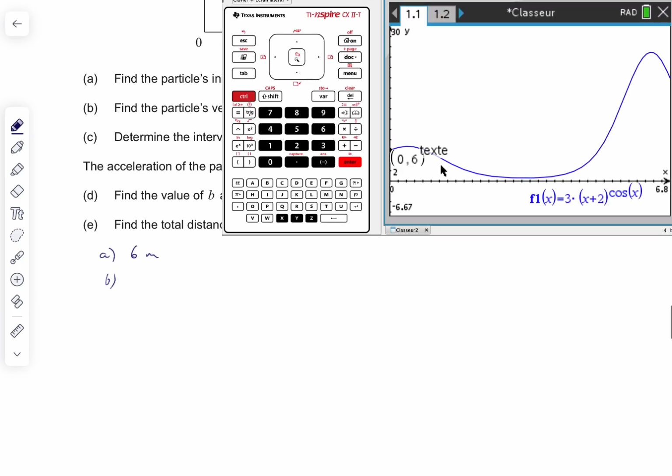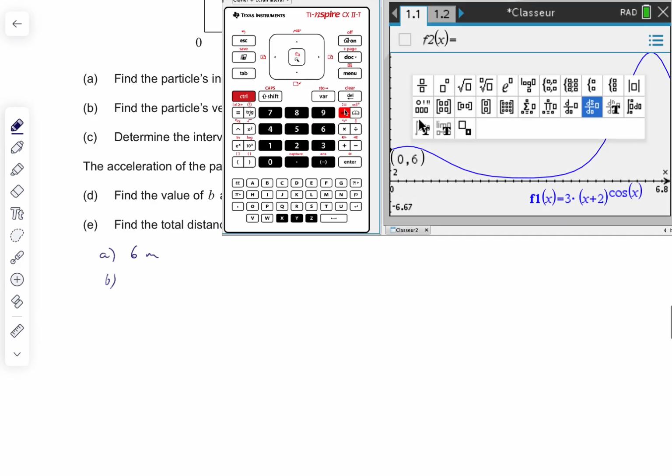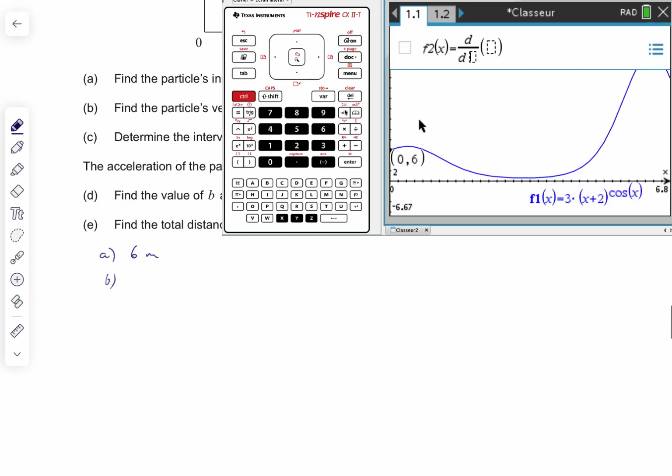Find the velocity when t equals 2. I can either do a velocity graph or just do, let's try a velocity graph. Tab, and I want the differential of the displacement graph, d/dx of f1 of x.